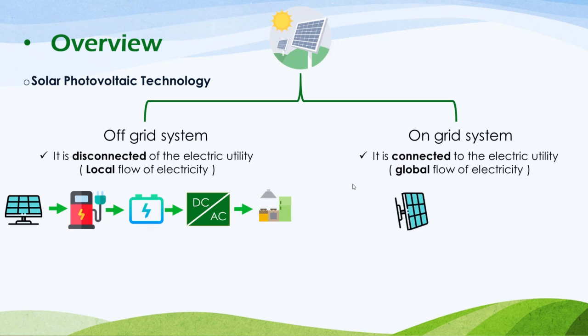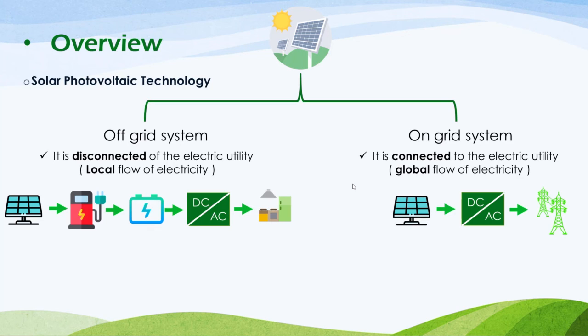Here the DC current comes out of the solar panel, is converted by the inverter from DC to AC power, and then this AC power is injected directly into the grid. This is the basic difference between the off-grid and on-grid solar systems, and for this reason the on-grid solar system produces a global flow of electricity, as it's injected directly into the global grid.